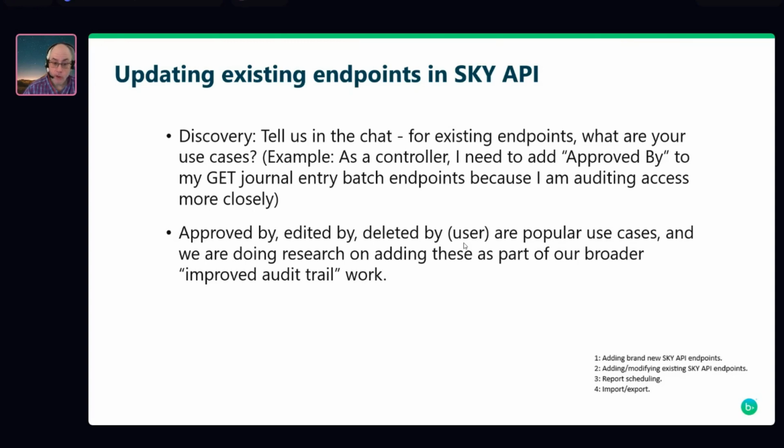As an example, as a controller, I need to add approved by to my Get journal entry batch. We've posted a batch within FE by using the post journal entry batch endpoints. And now for whatever reason, I need to get my journal entry batch because I'm looking at access more closely. You've heard about the permissions migration, and you'll see us do some additional things with permissions revolving around user level and record level security.